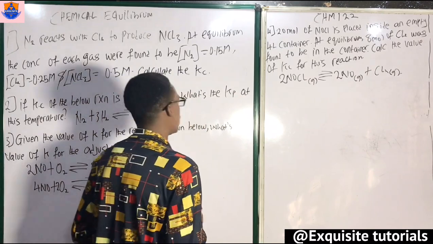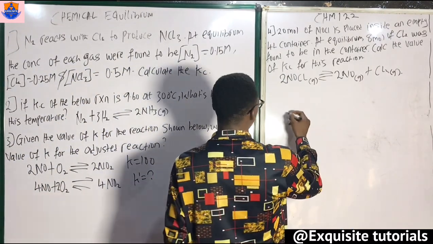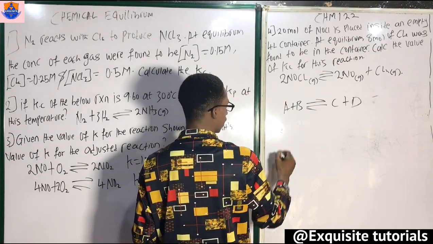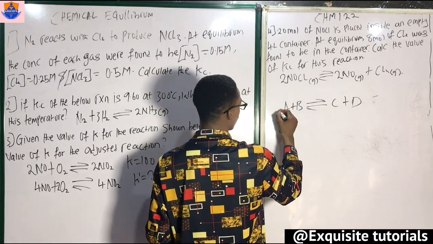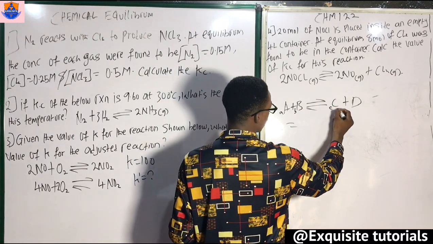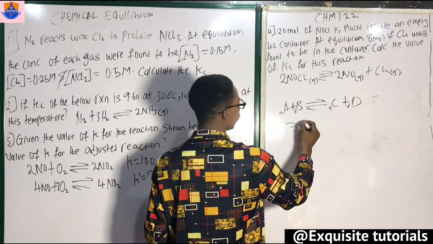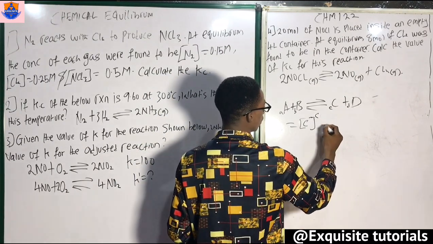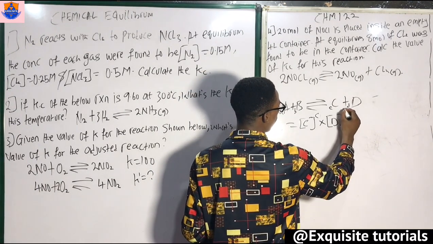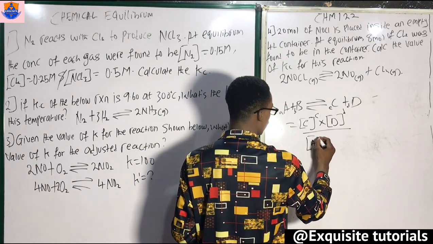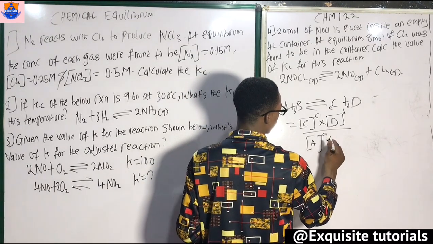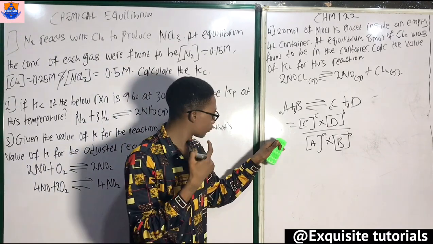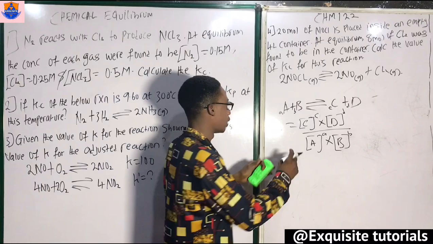For a reaction, let's take any reaction, say A plus B giving us C plus D. Now the equilibrium constant for this reaction would be the concentration of C raised to the power of the number of moles of C, times the concentration of D raised to the number of moles of D, over the concentration of A raised to the number of moles of A, times the concentration of B raised to the number of moles of B. Now this is the equilibrium constant for this reaction.